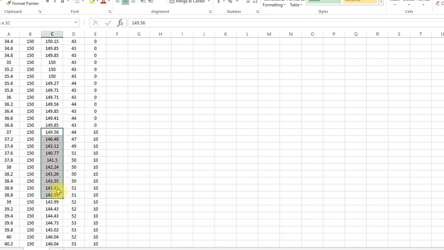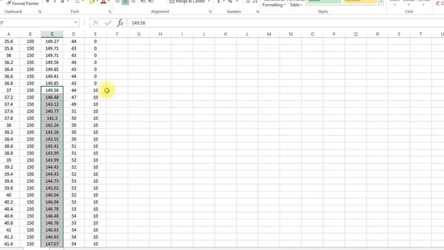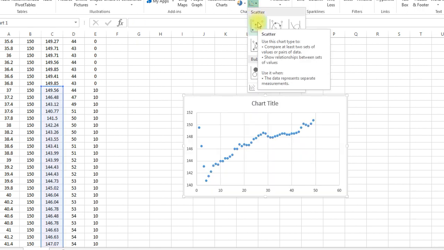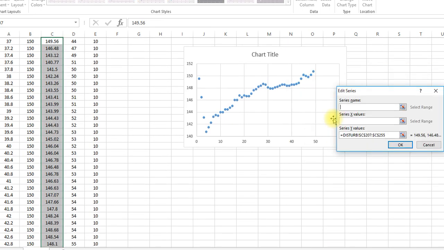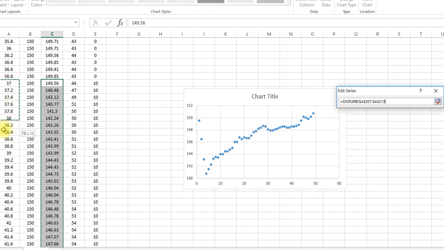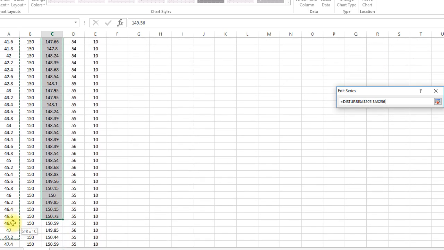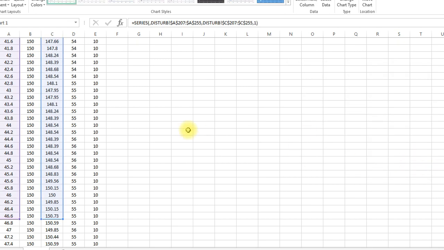So if you plot this one versus time, I need to add time, then let's see. Okay, where is the graph?